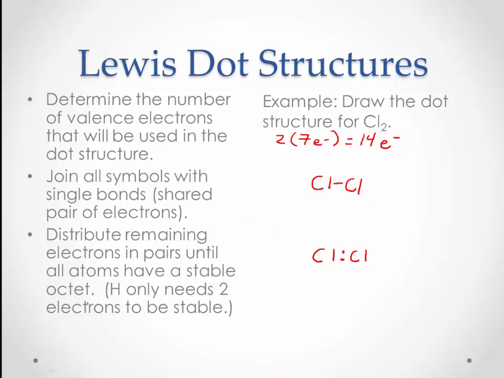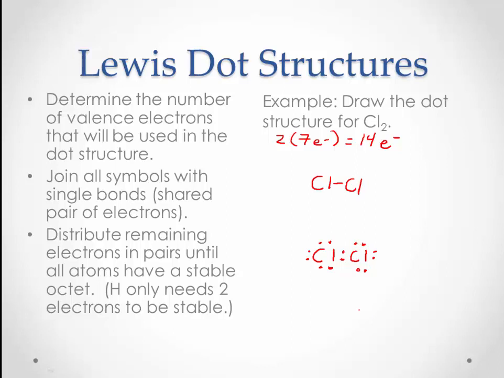Then what I need to do is distribute whatever's left, the other 12 electrons, around each of the atoms until everything has a stable octet. Okay, so this already has 2, 4, 6, 8, 10, 12, 14.